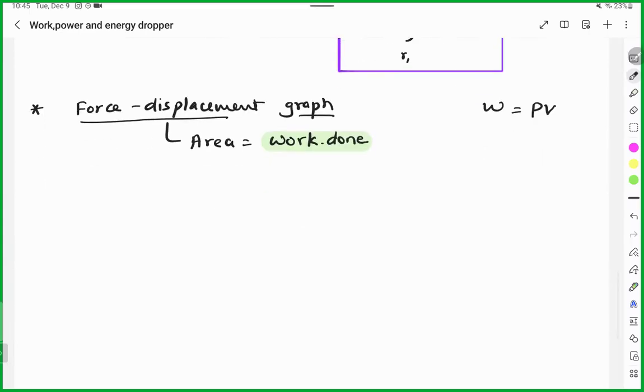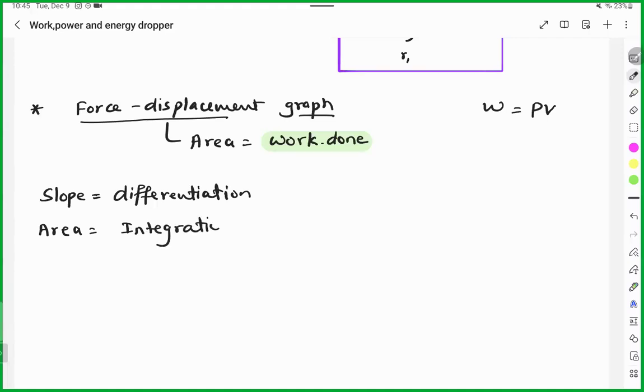Right? You know, whenever you calculate slope, you do differentiation, right? And whenever you calculate the area under the graph, you have to do integration and you get the final value. Make sense? Same here, if you have a graph of force and displacement changing.